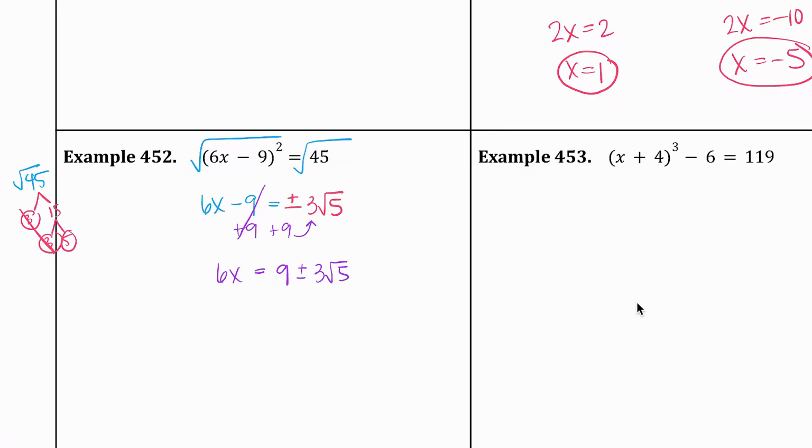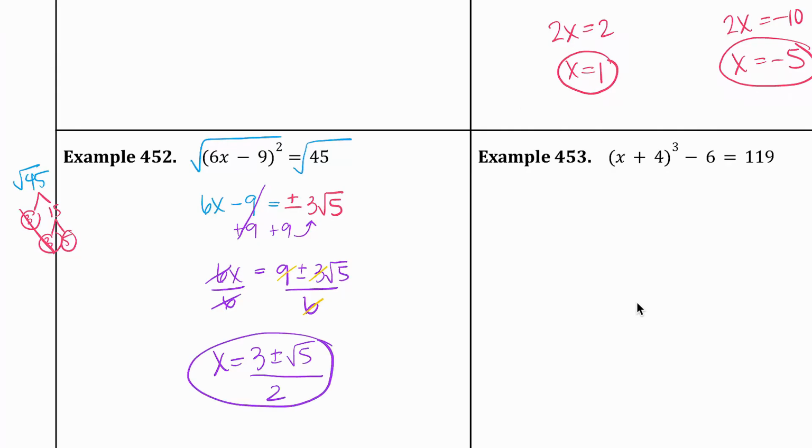Okay, my x is almost by itself, so I'm going to divide both sides by 6. So I get x equals, and let's see how we can simplify this. We can divide 9, 3, and 6 all by 3. So I get 3 plus or minus 1 square root of 5, or just square root of 5, divided by 2. We can leave our answer written just like that.